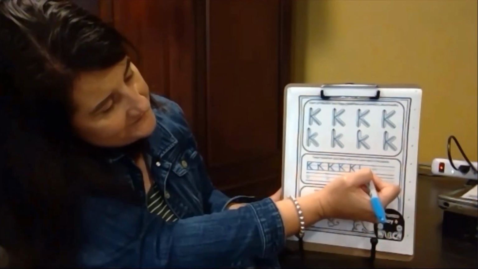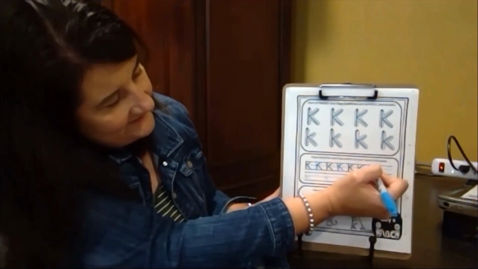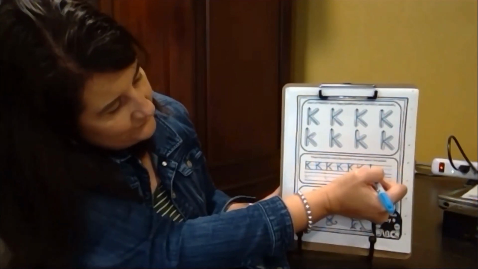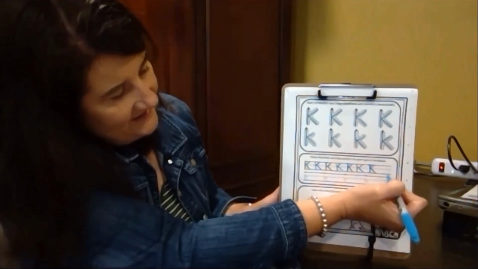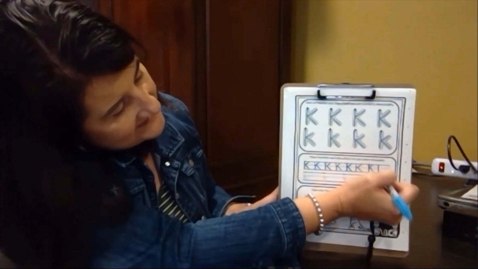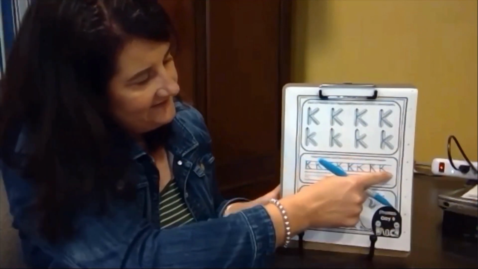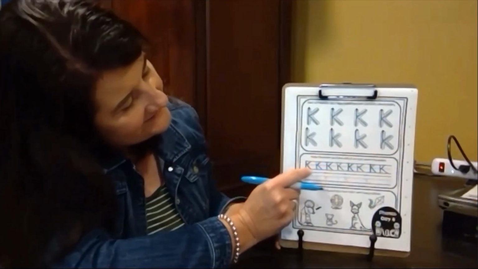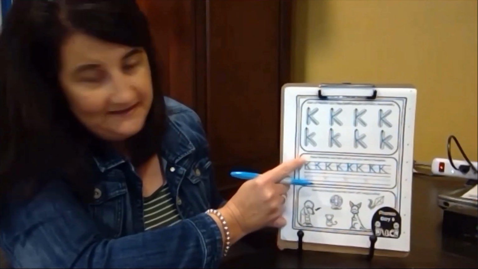Trace again, and then one more little space for you to try uppercase on your own. Here are uppercase K's, k, k, k. And both strokes start at the top line.